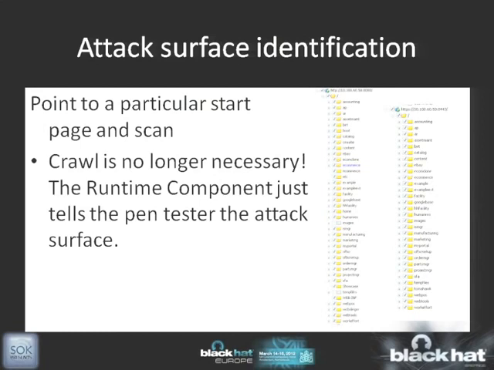And as I have to say, this attack surface identification is also the direct thing where we find more vulnerabilities. Because we have that bigger attack surface, the pen tester can assess more pages and we can find more vulnerabilities.